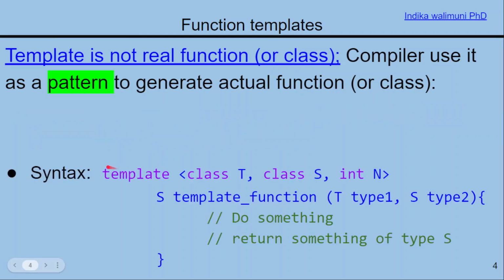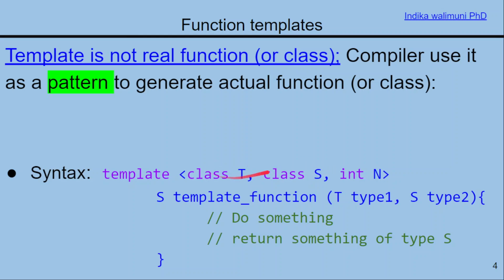So this is the syntax for writing a template function. We start with the keyword template and then class and then T. We use this as a sort of standard. T means template, or a type. And then if we have more, then S. So we can pass more types.